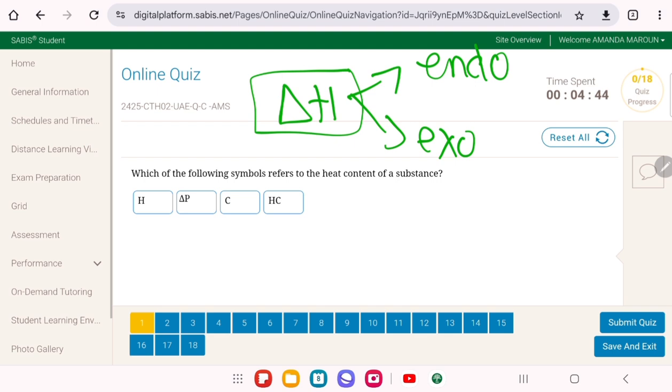If it is exothermic, then the equation will be negative Q over N. But if it is endothermic, then the equation is going to be Q over N. Now, what is Q and what is N? We will deduce later in the quiz if we have a question that will use this equation.